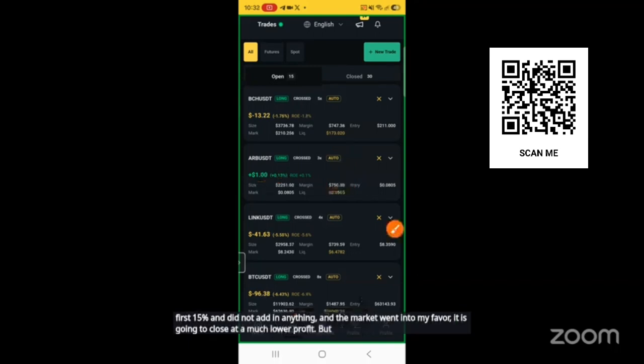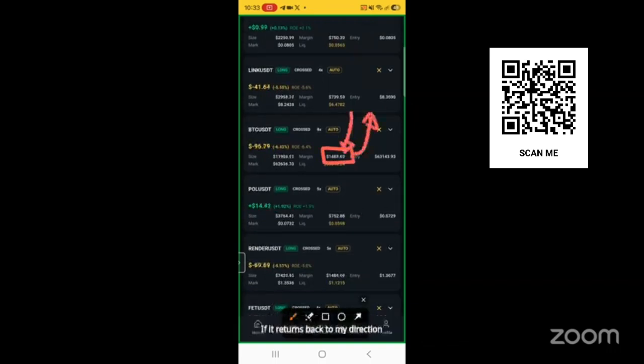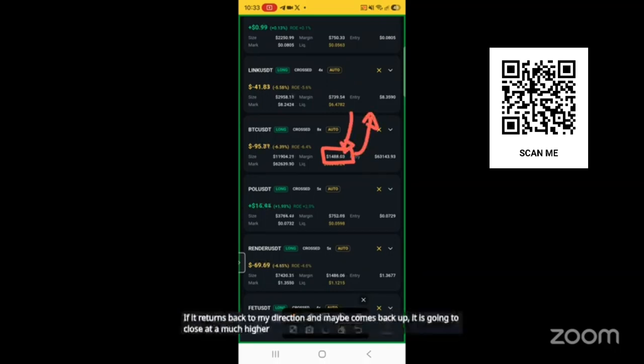But in this case, for example, this BTC where it has added in more money, it is now 1,500. If it returns back to my direction and comes back up, it is going to close at a much higher profit level than this one. You get? So let's take a look at an example. Let's say on this trade, it made just 2%.